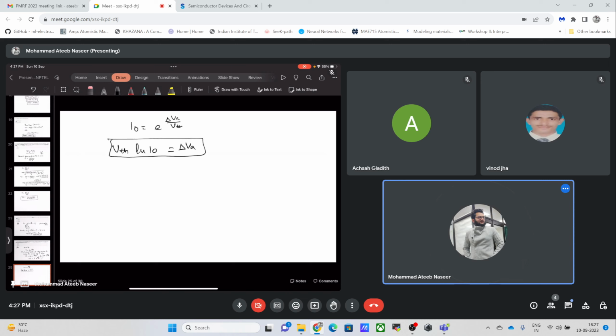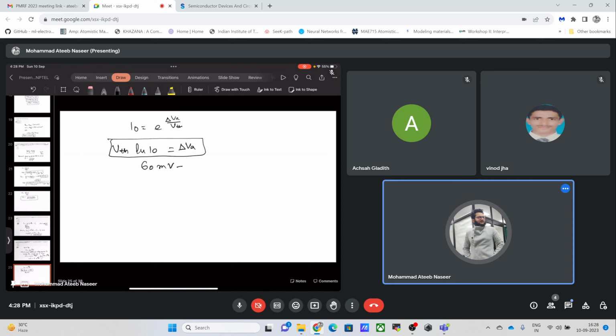Okay, so if I now solve ln of 10 into 0.026, it comes out to be equal to 60 millivolts.